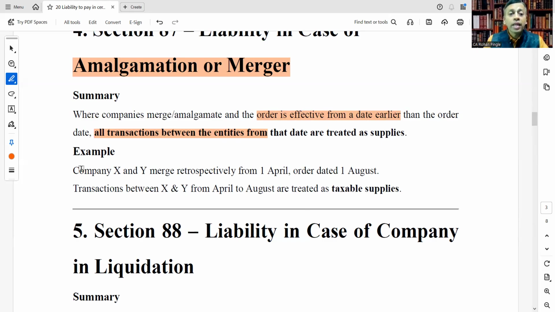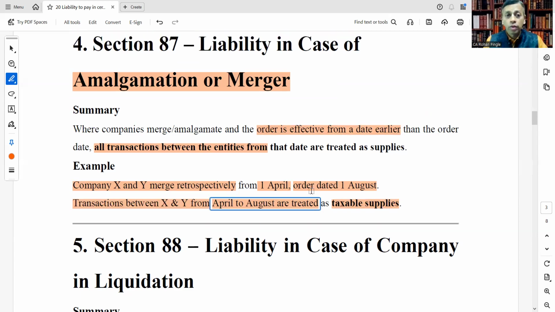Let's say, for example, company X and Y merge retrospectively from April 1, with the order dated 1st August. Transactions between X and Y from April to August are treated as taxable supplies.